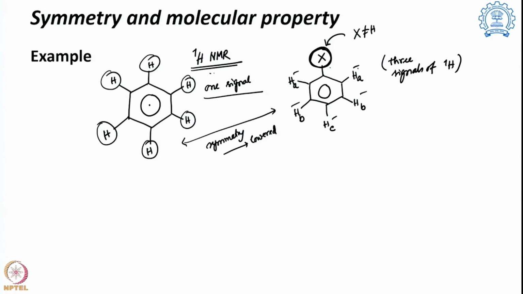So, just by introducing one extra group other than hydrogen, I can get a stark difference in signal, and that shows that now the environment around the hydrogens is different and they are going to behave differently. So, their behavior is directly connected to the structure, which can be defined by symmetry terms.